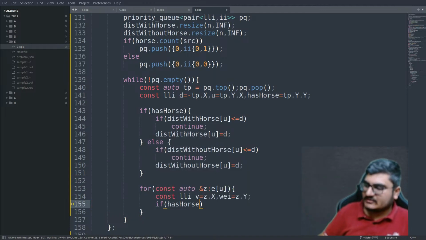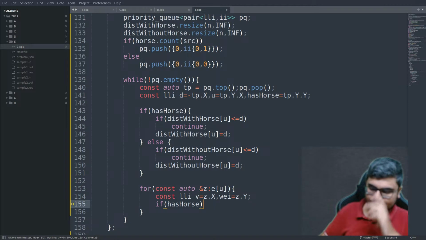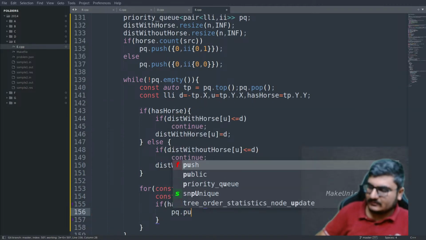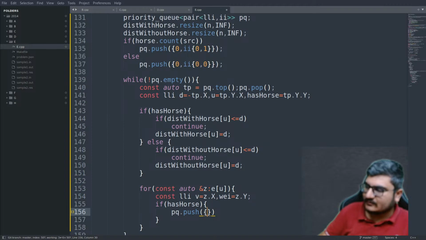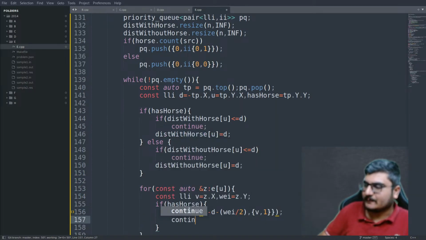If we have a horse, then we should put the new value into the vertex, which would be minus d minus wei by 2, because the distance has halved. We will reach vertex v and we will still have a horse. Continue.